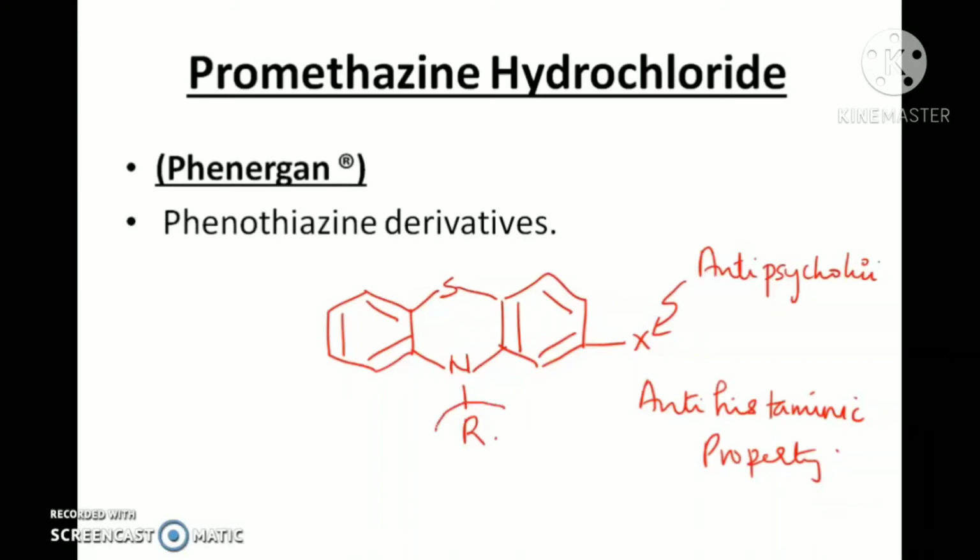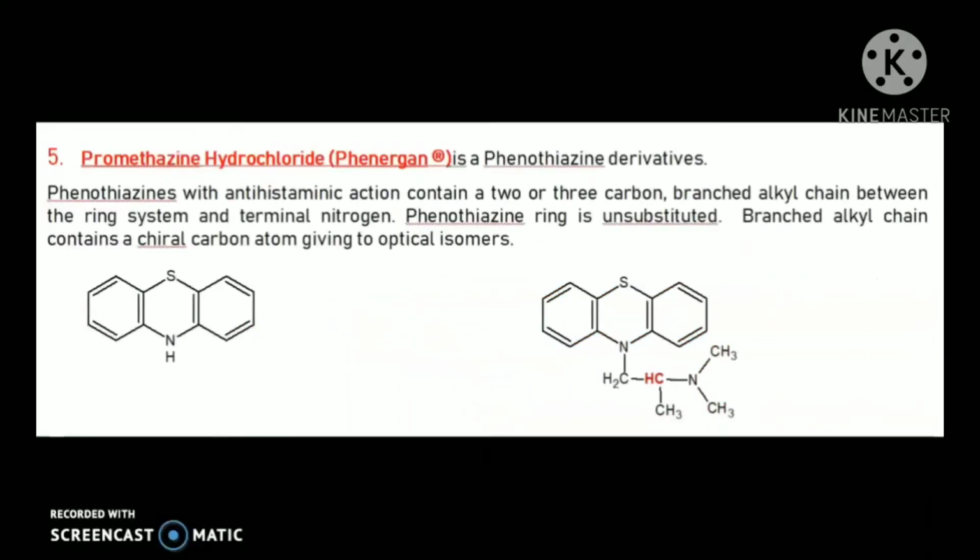the phenothiazine ring, and the presence of a chlorine atom at the second position gives it antipsychotic activity, whereas those phenothiazines with antihistaminic activity do not have any substitution in the phenothiazine ring. And the second point is that phenothiazines with antihistaminic activity have a branched side chain, and those phenothiazines with antipsychotic activity contain an unbranched alkyl chain.